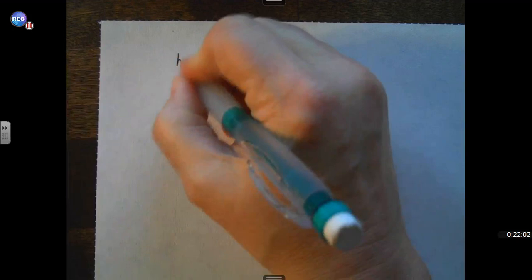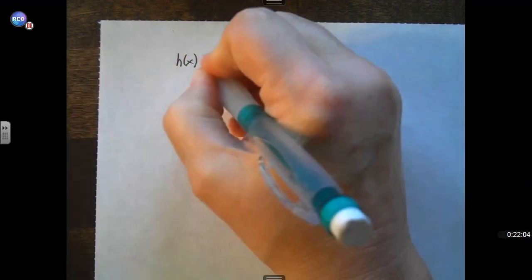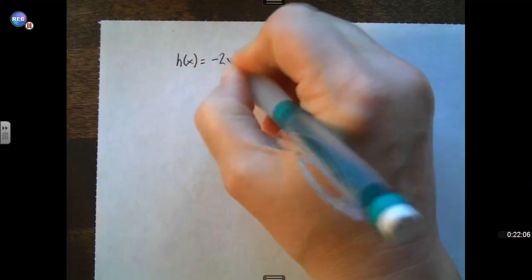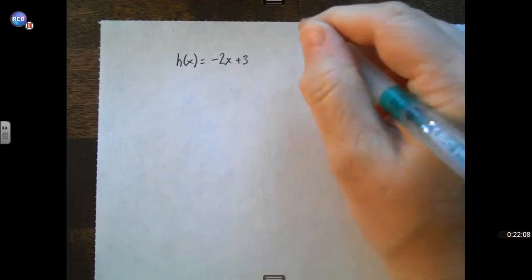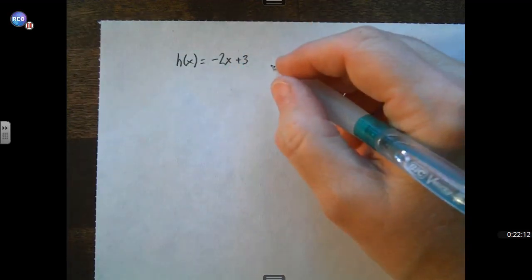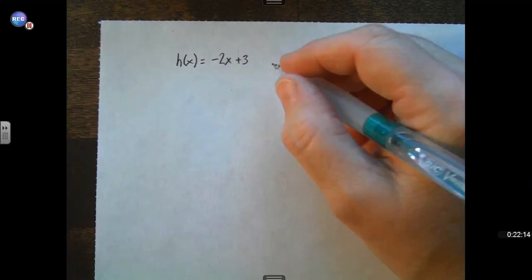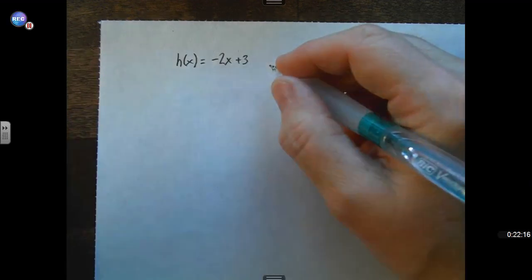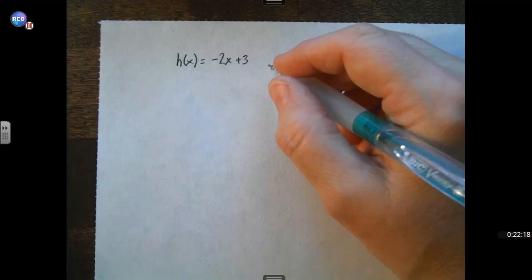Part 6 says let h of x equal negative 2x plus 3. And they want us to graph h and h inverse, find a rule, and state the domain and range. Okay, easy enough.